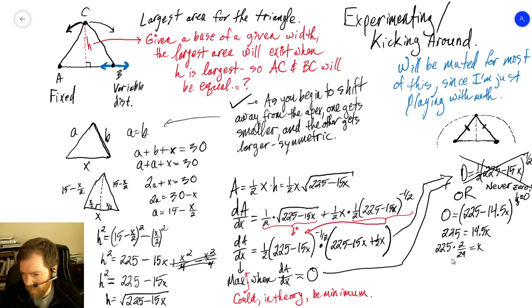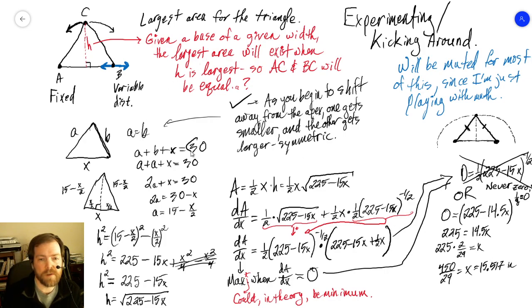It's going to be 450 over 29. And it looks like this is going to be somewhere about 15.517 inches.